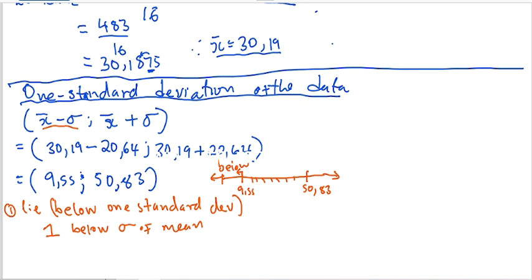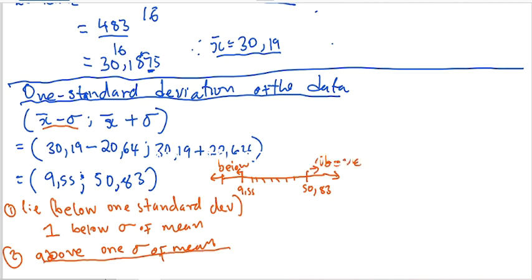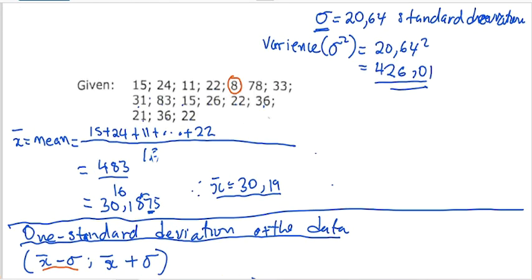Now they can say number two: above one standard deviation of the mean. When they say above, we need a number that is greater than 50,83. So let's go to the data and count them. This is below.